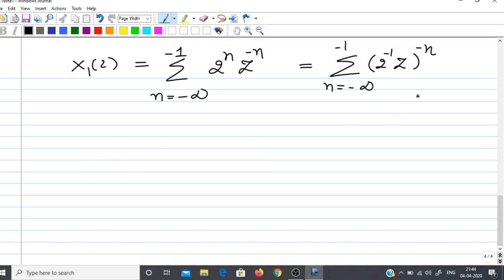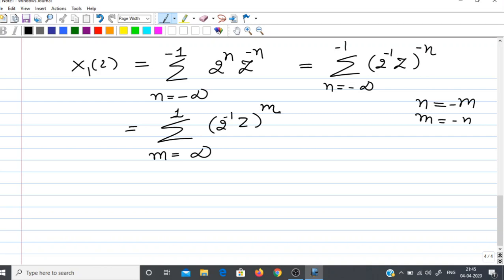Now I make a change of variable. Let us say n is minus m, or m is minus n. Then this summation would be m from plus infinity to plus 1 of (2 inverse z) to the power m. In the previous video, we saw that if we change the limits of summation, there won't be an extra negative sign outside the summation, unlike integration.